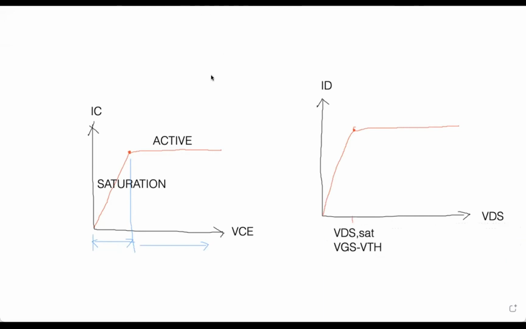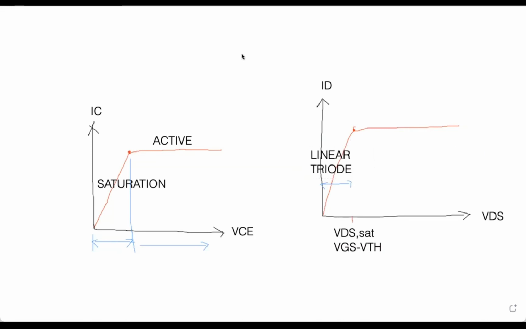From 0 or above 0 up to this point, that is what we refer to, for the MOS transistor, as the linear region or the triode region.